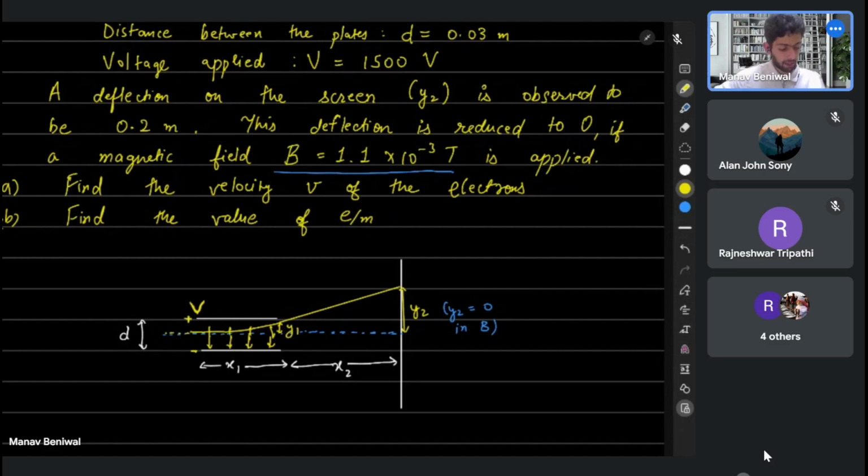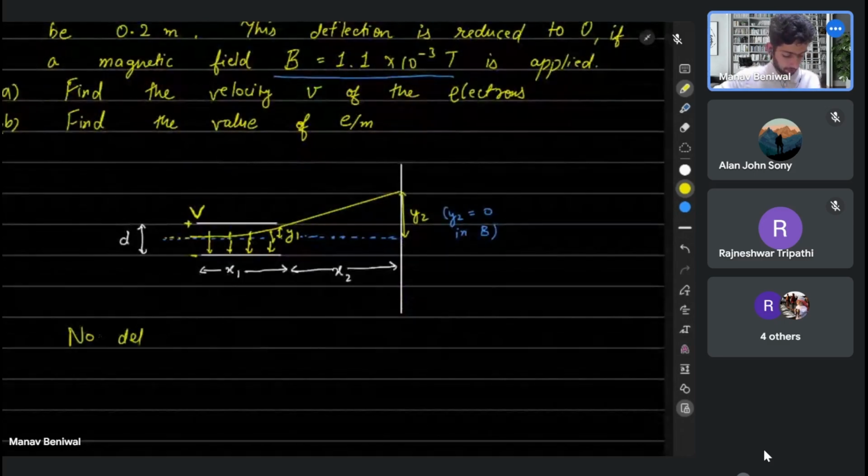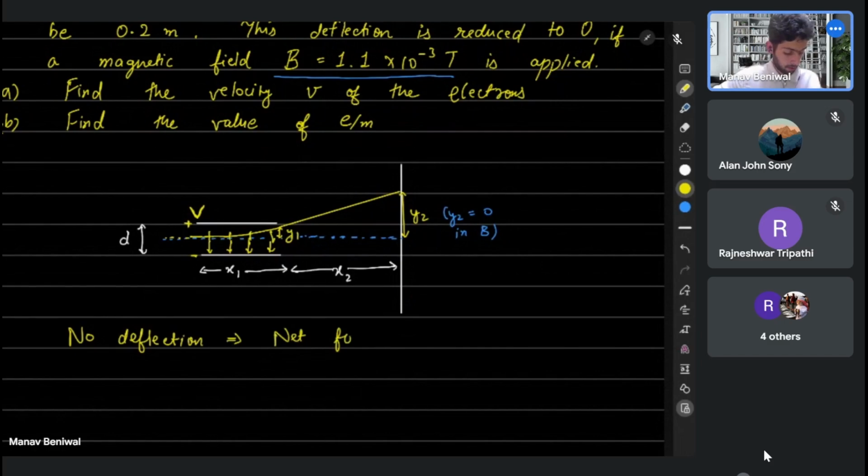Which means if there is no deflection, this implies net force is zero. Now, what is the net force?